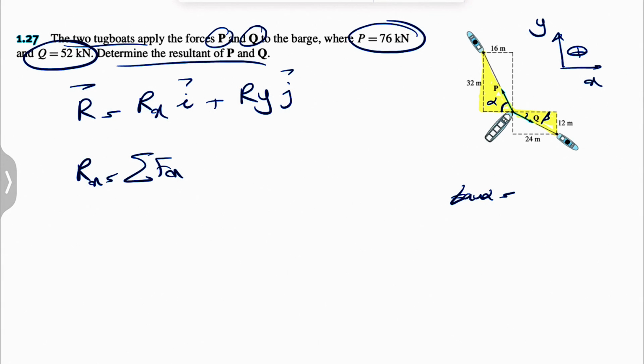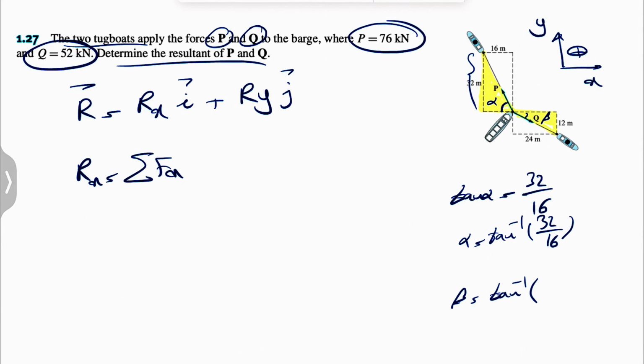So tangent of alpha would be the opposite over the adjacent, 32 divided by 16, and alpha is going to be the tangent inverse of 32 over 16. Same thing here, our beta would be the tangent inverse of the opposite in this right triangle, which is 12, over the adjacent, which is 24.